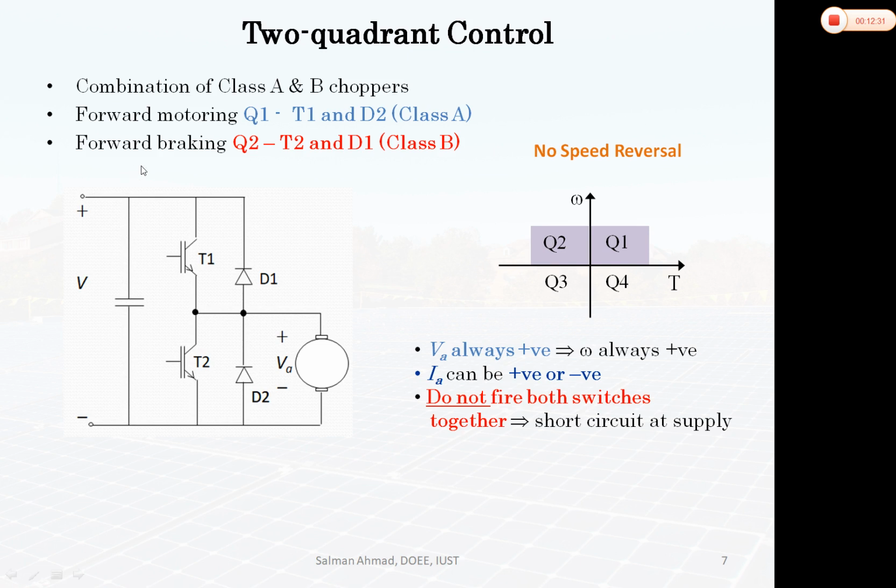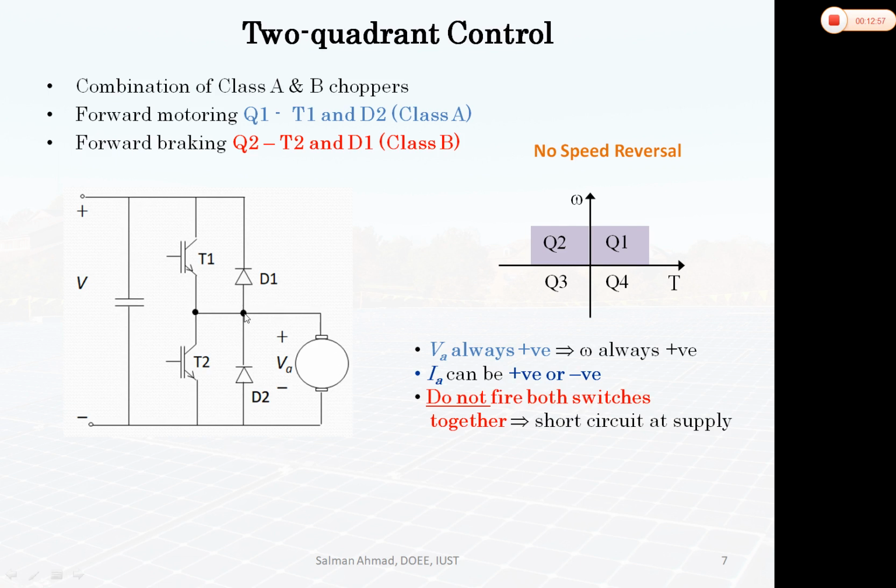So you can see if we combine both class A and class B, we are getting this kind of configuration. Like in class A, the controlled switch was in series with the supply, and the freewheeling diode was in parallel with the motor. So this part you can see will form the class A chopper.